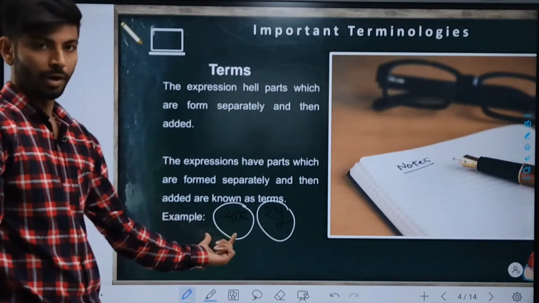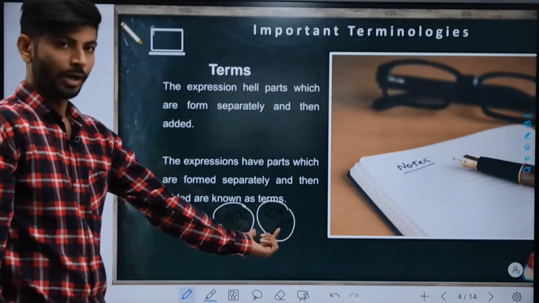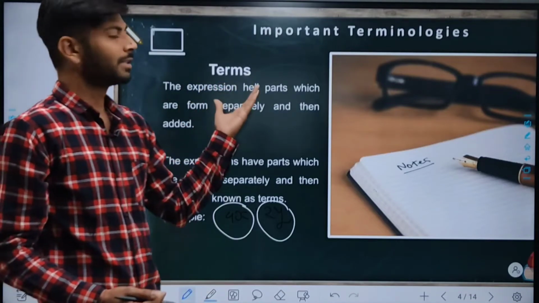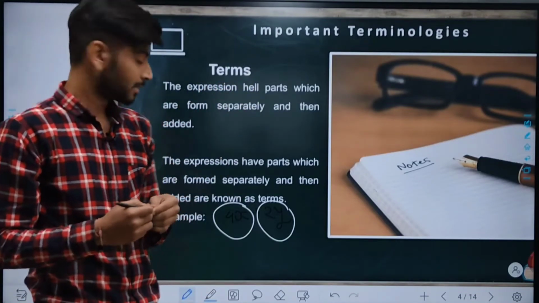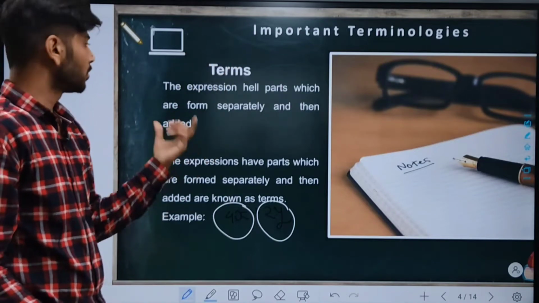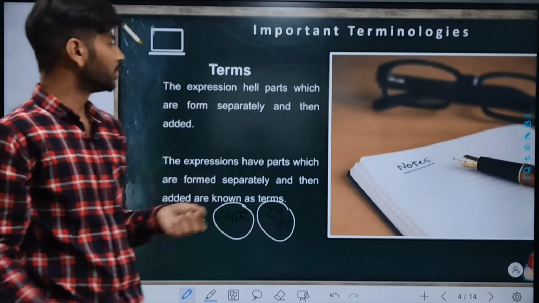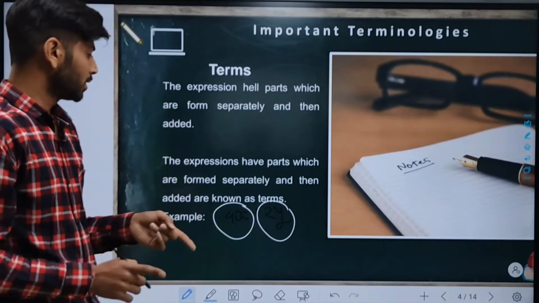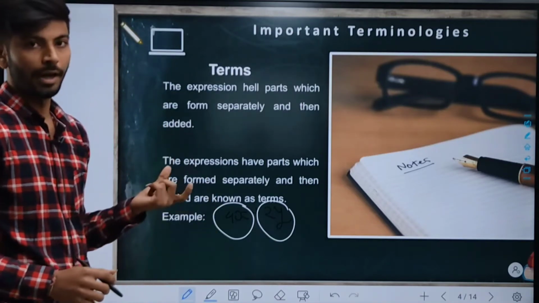First is 4x and second is 2y. You can take many examples; we will learn this in the exercise also. So first of all, understand the term. What is the term? Terms are the parts of the expression which are added.